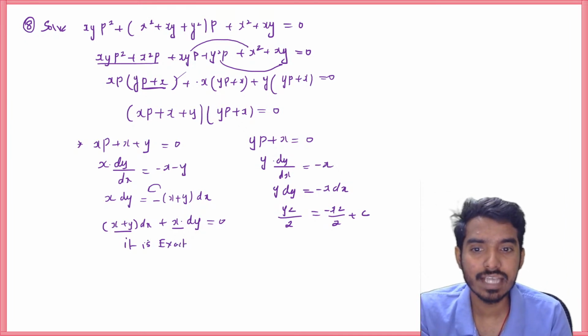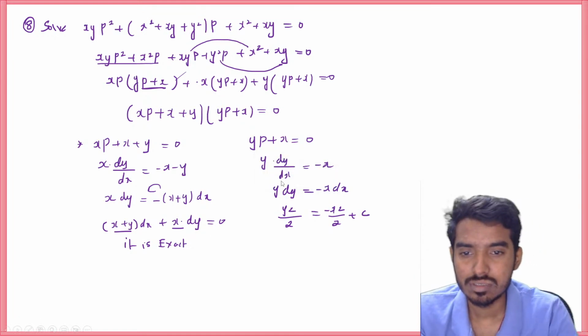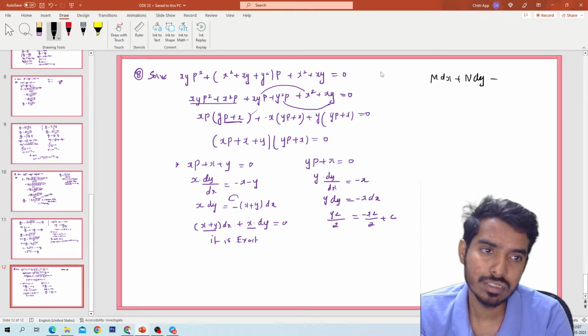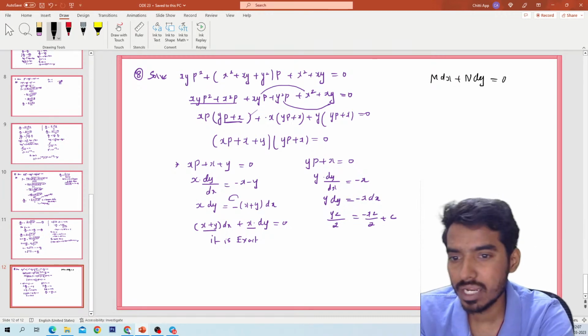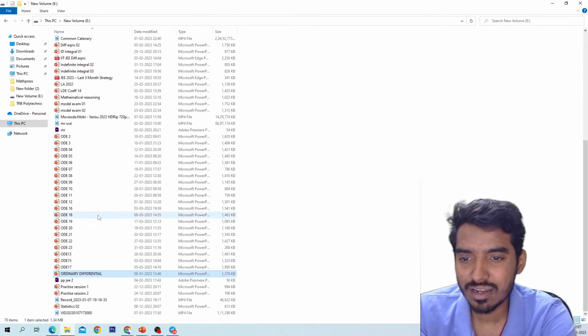What is the condition for an exact differential equation? We have m dx plus n dy is equal to 0. It will be exact when dou n by dou x equals dou m by dou y, right? We already solved these. What is the solution for an exact differential equation? Integration of m dx treating y constant, plus integration of terms in n not containing y dy, equal to c. I just have to recall all those, right?